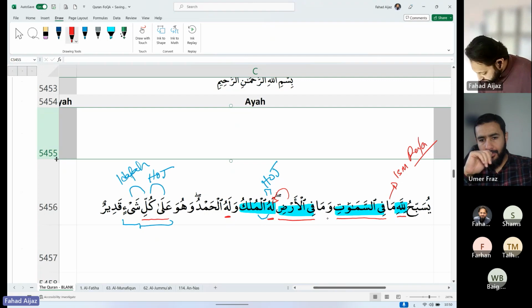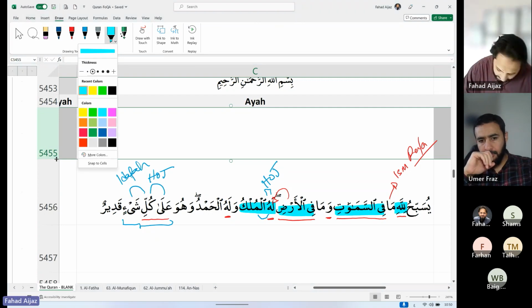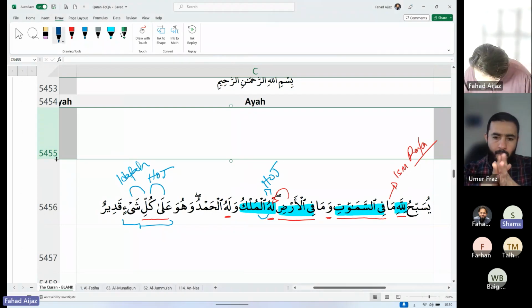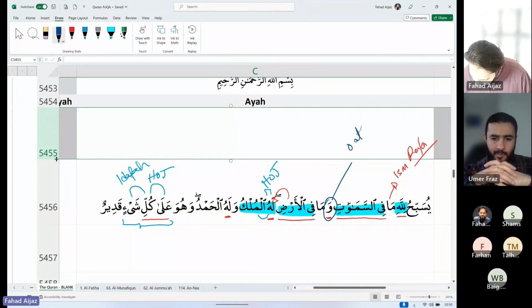Is this waw in the middle a connector waw? How do we know? That's what I want you to really understand. Because now you know there is an oath waw, and now you know there is a connector waw.